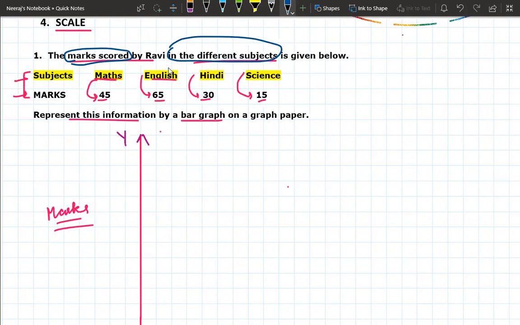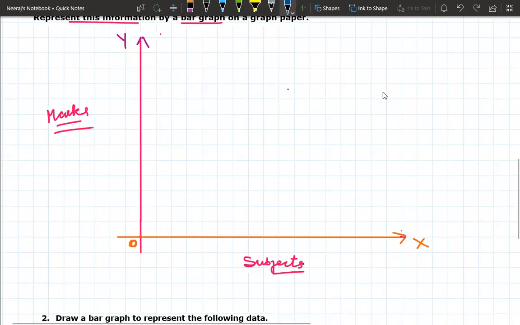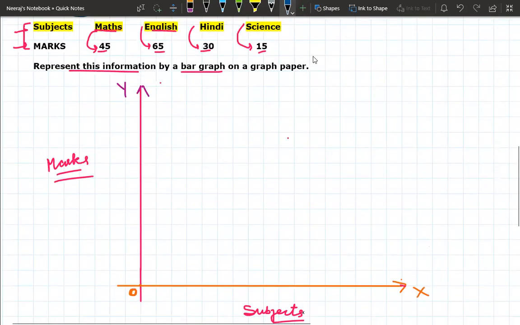So we will not write the name of the person. We have to just give the title of the bar graph, that is the marks scored in different subjects, that he has got the marks in different subjects. So we will write a title for it. You have to write it at the top. Title always comes at the top of the bar graph.